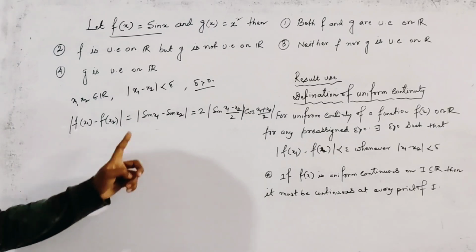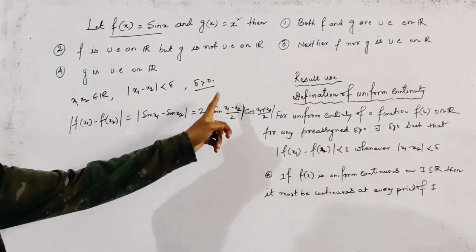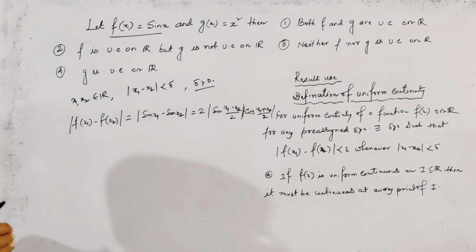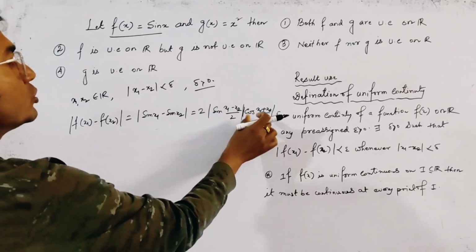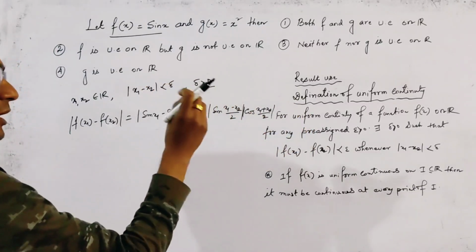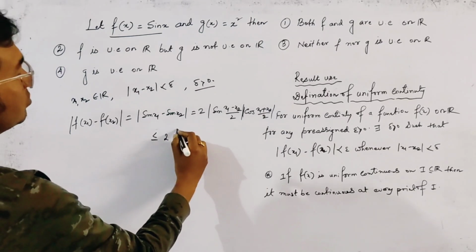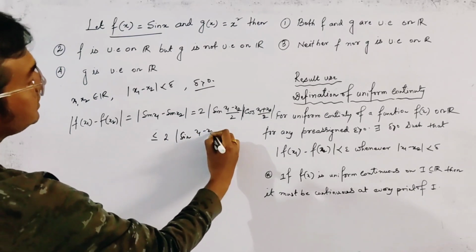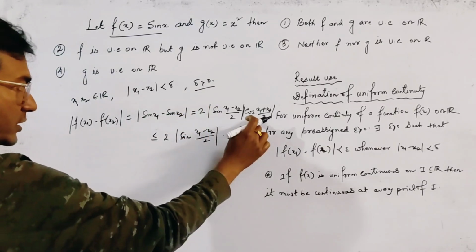This is the formula of sin C minus sin D: 2 sin((C - D)/2) cos((C + D)/2). And we know that the maximum value of cos or sin is 1. So we can write this term as at most 2|sin((x1 - x2)/2)|, because the cosine factor is at most 1.